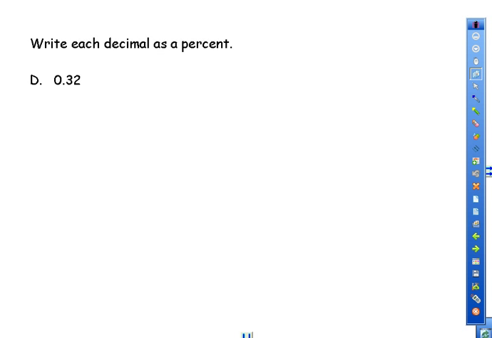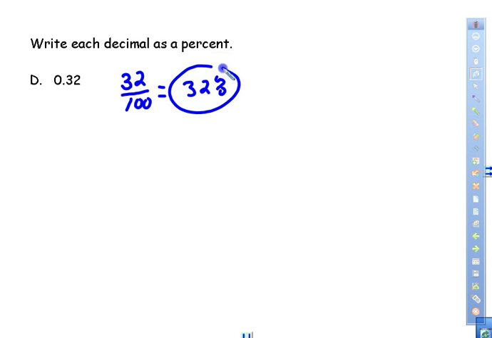Now we're going to go from a decimal and write it as a percent. So go ahead and hit pause and solve this. So again, 32 hundredths is 32 over 100, which equals 32%. Done. It's that simple.